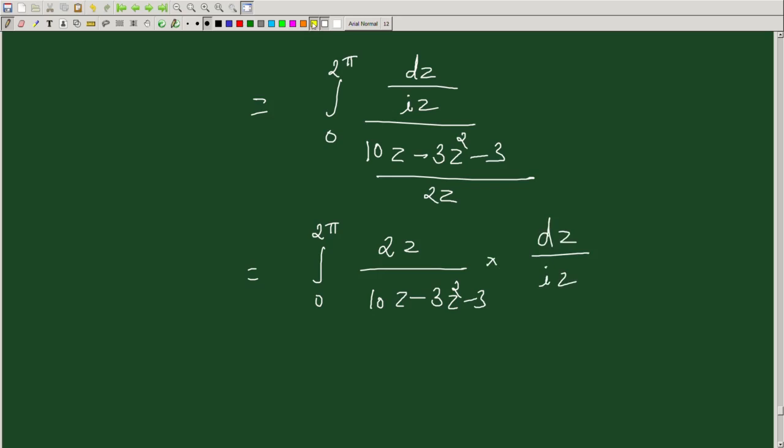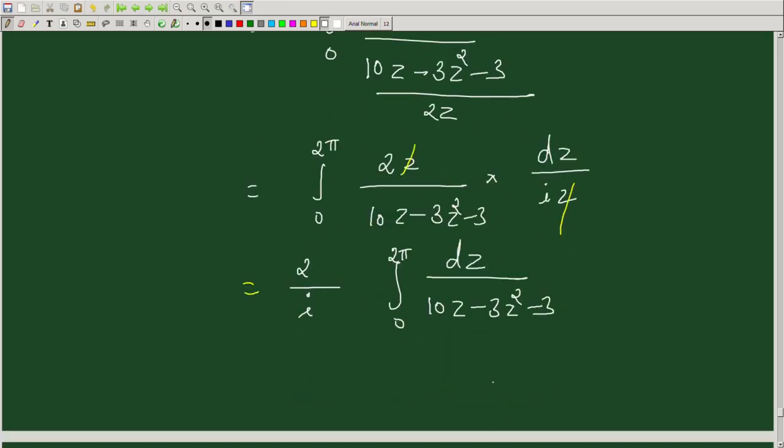So I am just cancelling this z and this z, and what remains is 2 by i, integral 0 to 2 pi, dz by (10z minus 3z square minus 3), right? So till that, I think there is no doubt, right? So just copy till this. So the concept, you know how we are replacing everything, right?